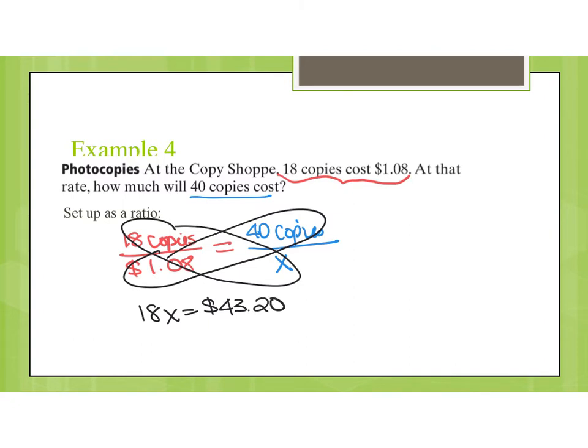So if I divide both sides now by 18 to get that x by itself, I'm left with x equals $2.40. So if you're going to run 40 copies, it's going to cost you $2.40.